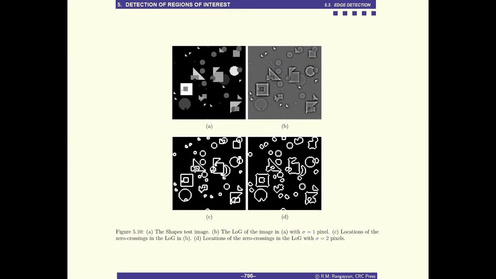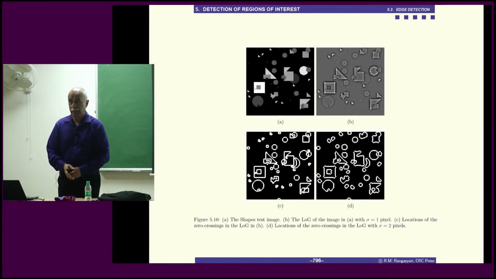But as you can see here, there is a variation in the positions of the zero crossings depending on sigma being 1 pixel or 2 pixels. So again, that's the original Laplacian of Gaussian, with positions of zero crossings marked as a binary image.